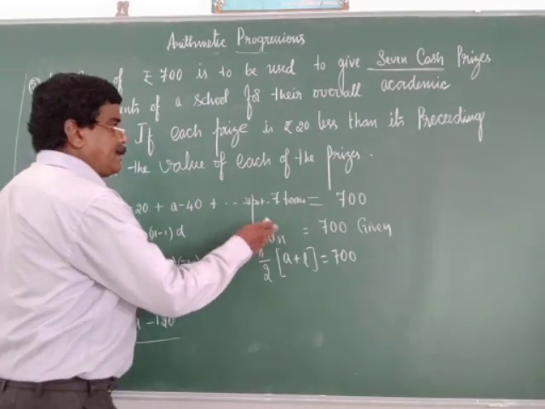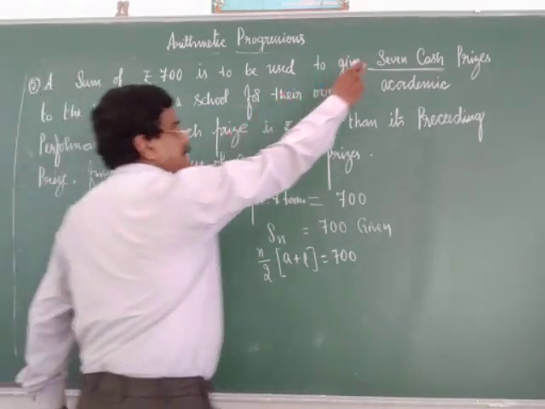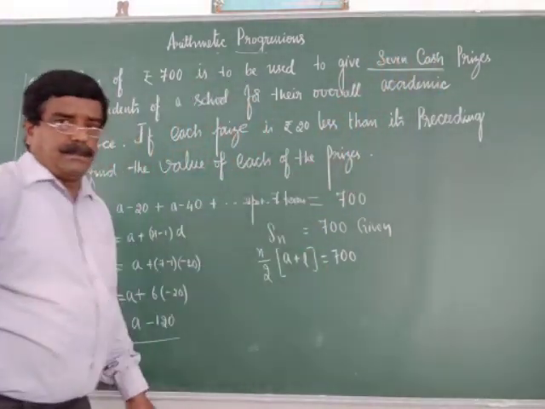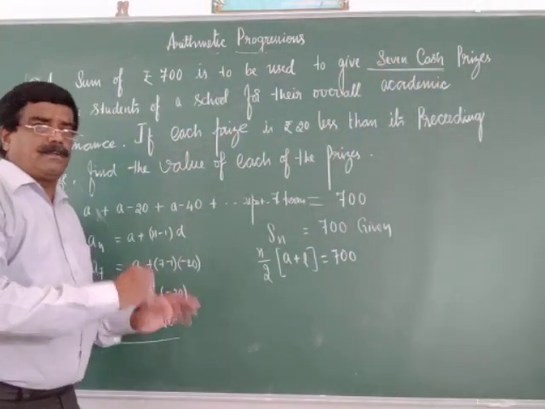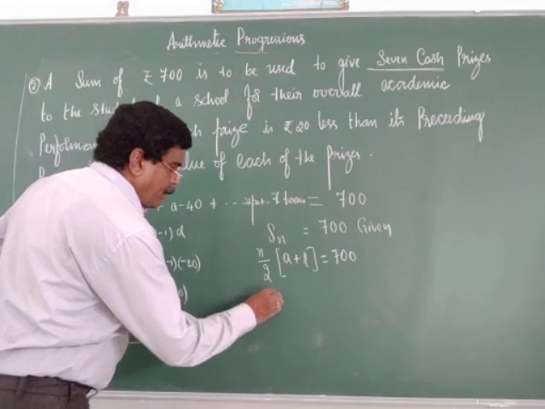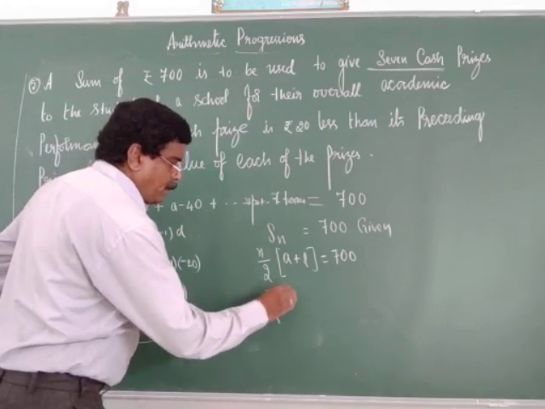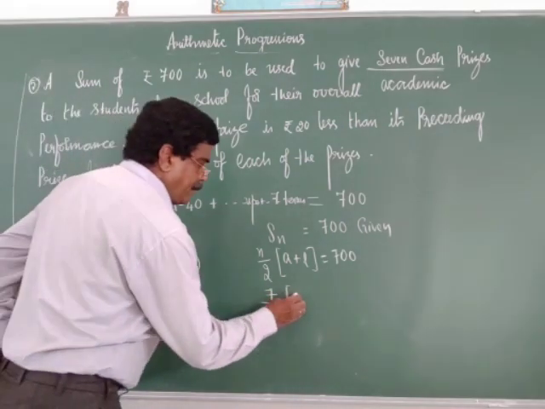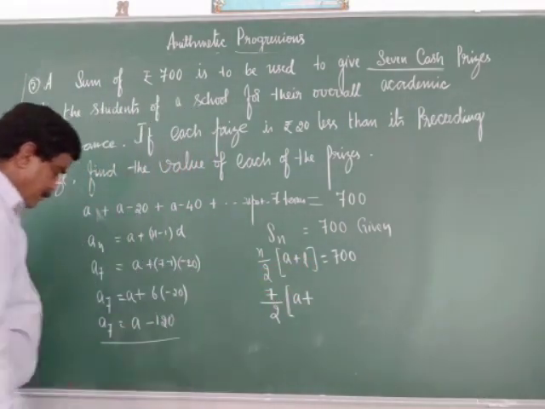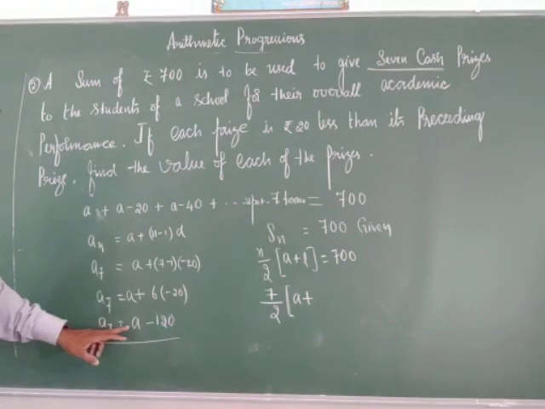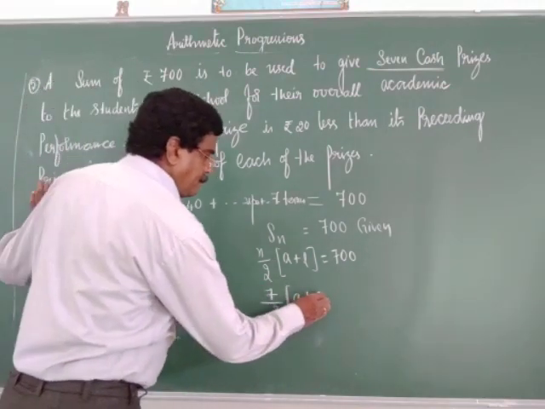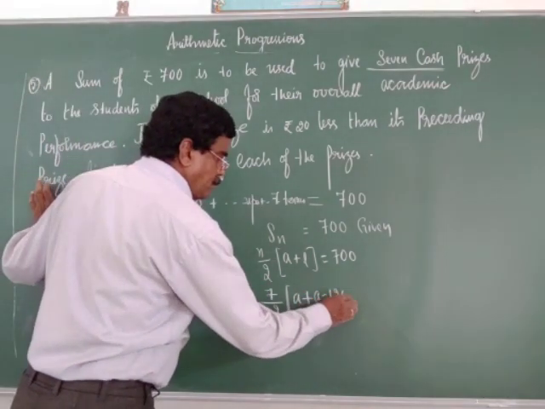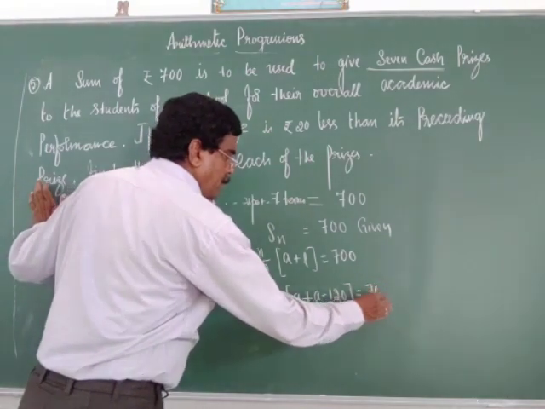Here in this sum, n is given already as 7 cash prizes, means 7 students will be getting prizes for academic performance. That is 7 by 2 into A, where A is the first term, plus the last term, the 7th term, A minus 120, which is equal to 700.